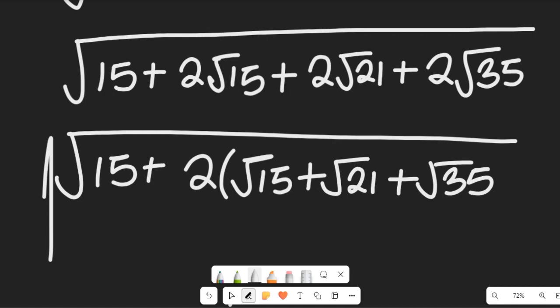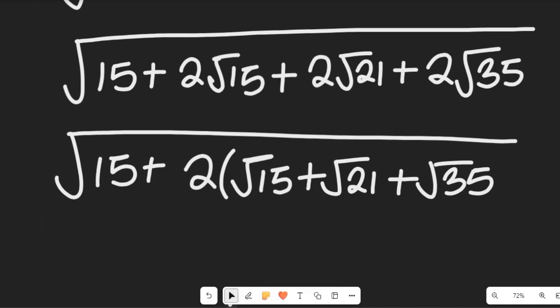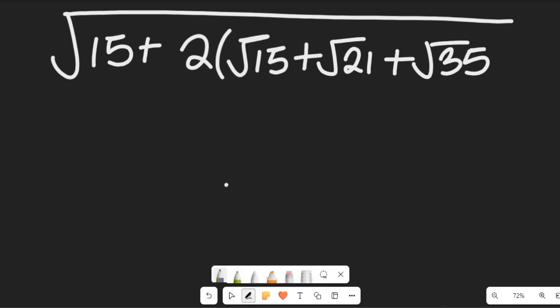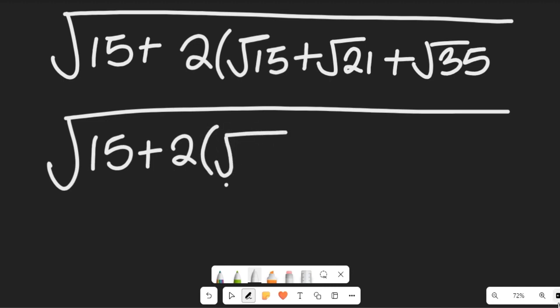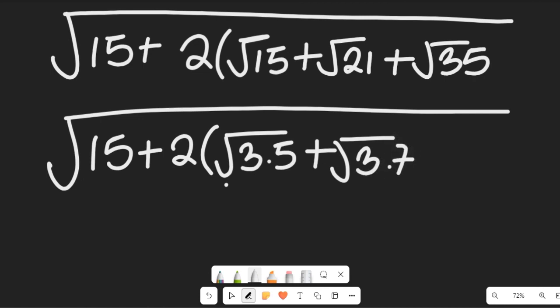That expression will now give us the square root of 15 plus 2 multiplied by, the square root of 3 multiplied by 5 can still give us 15, although none is a perfect square, plus the square root of 21 is 7 multiplied by 3, plus the square root of 35 will give us 5 multiplied by 7.